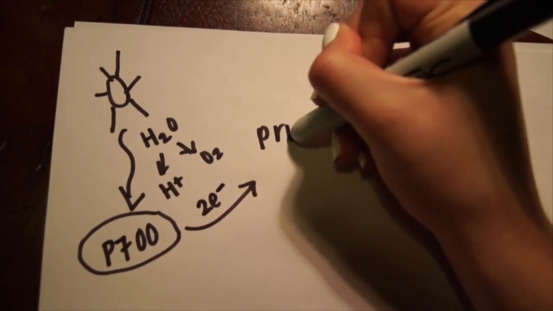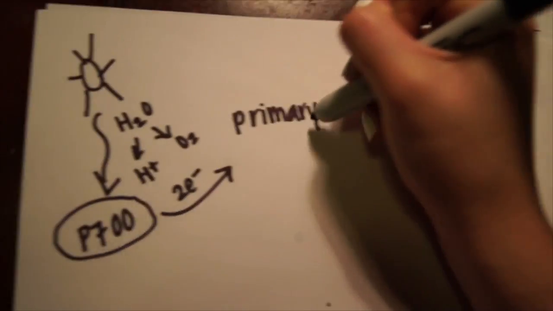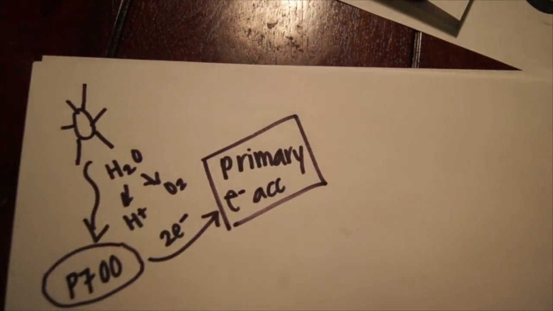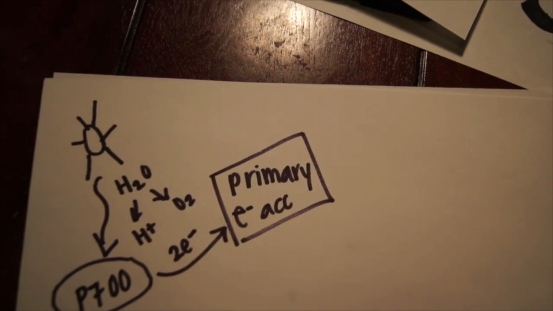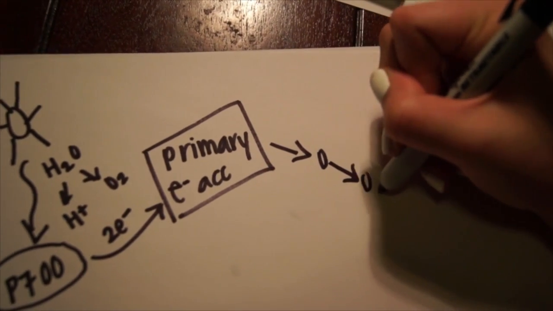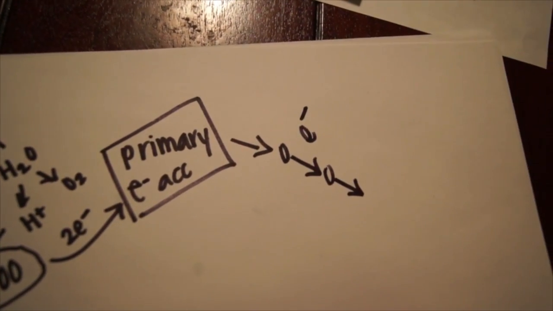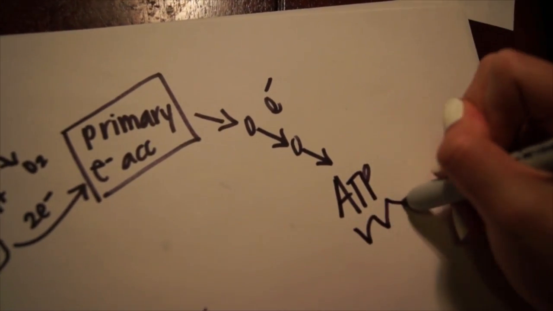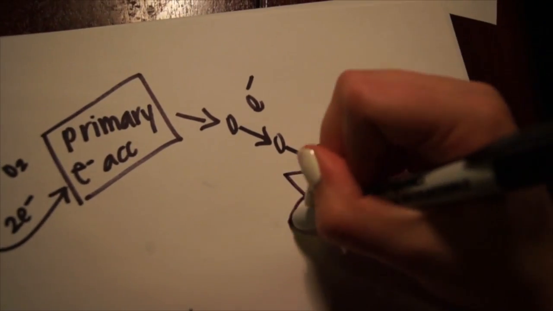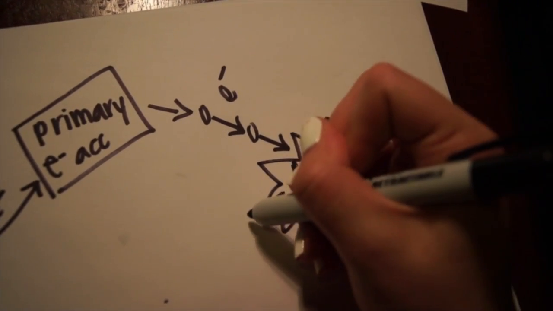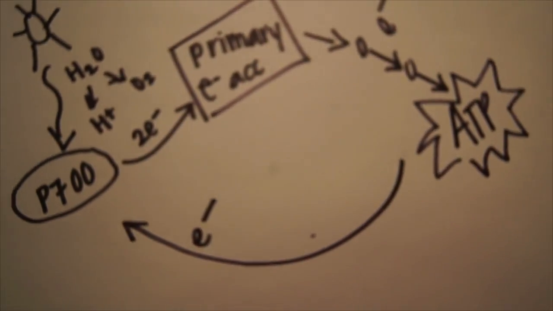The electrons are sent down the electron transport chain, and ATP is produced through chemiosmosis. Then, the same electrons return to photosystem 1, completing the cyclic pathway.